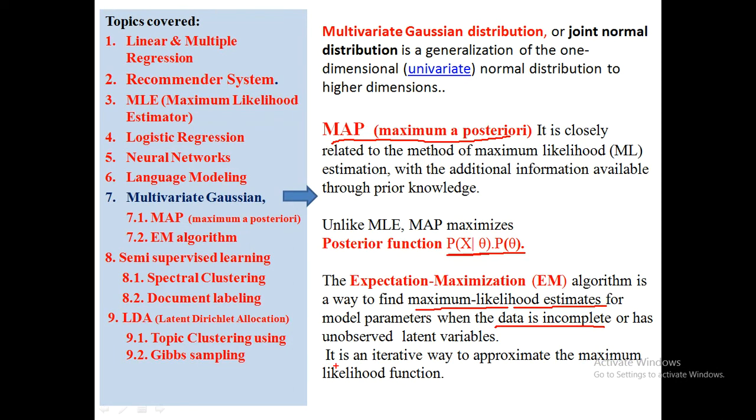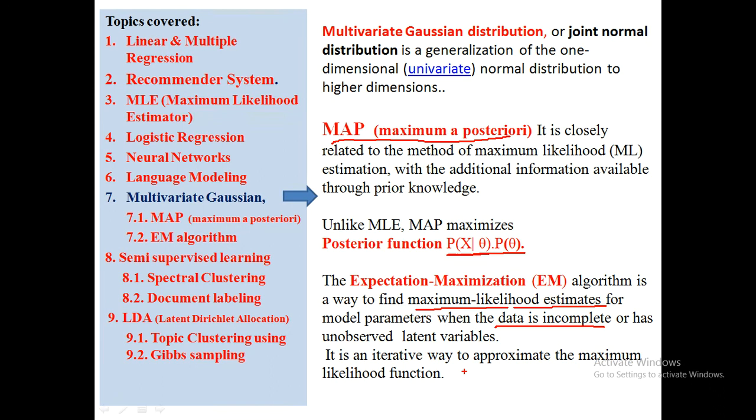This is again an iterative way to approximate the maximum likelihood function. So we have the E and M steps. In the E step, we compute the responsibility of each variable toward the k number of multivariate Gaussians or k number of distributions.